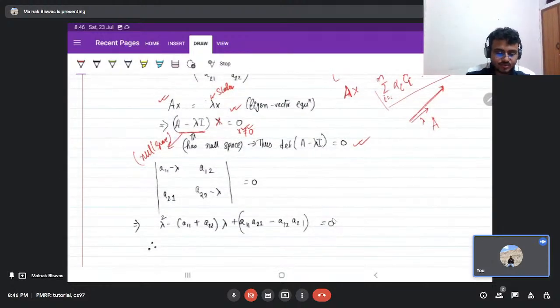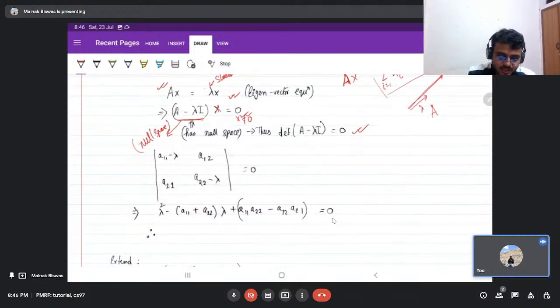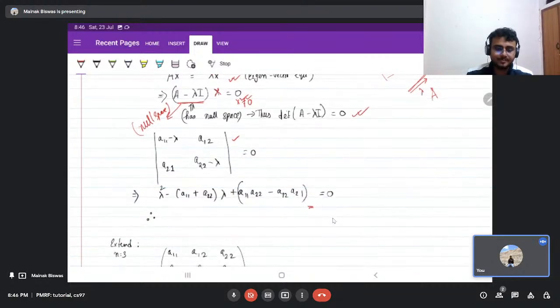So you put the determinant to 0 and take the determinant of this matrix, and you get a simple quadratic. It's lambda square minus (a11 plus a22) lambda. You just manipulate: a11 minus lambda times a22 minus lambda, minus a21 times a12, and you set it to 0.